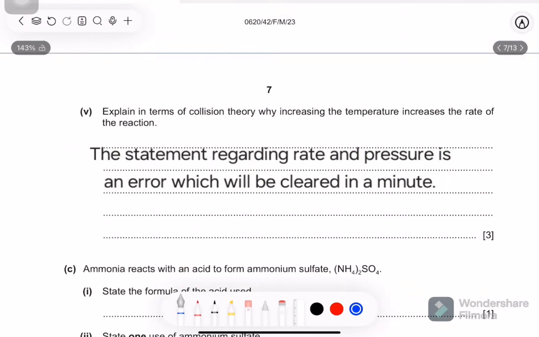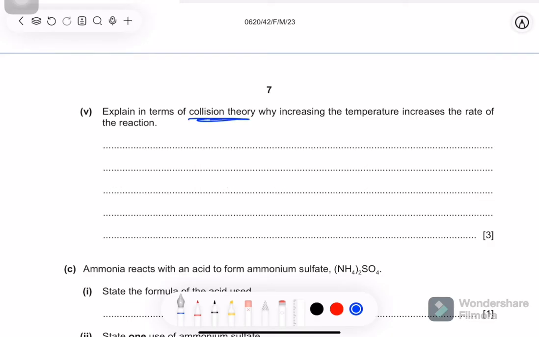Now the standard question regarding the rate of reaction: explain in terms of collision theory why increasing the temperature increases the rate of the reaction. The rate of a reaction depends on the number of collisions between the particles. Using proper science, when temperature is increased, the kinetic energy of the particles increases.